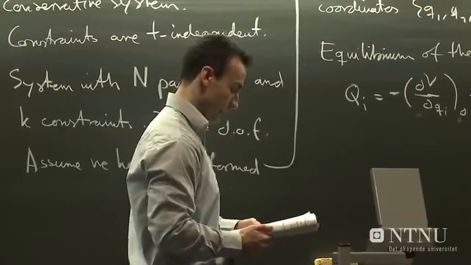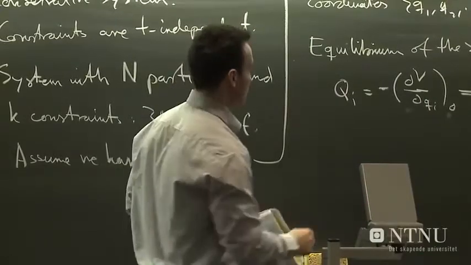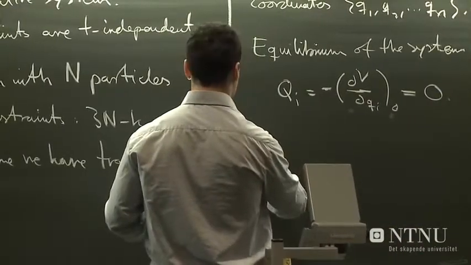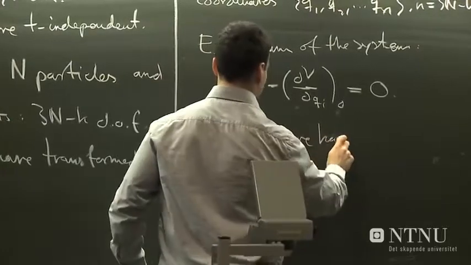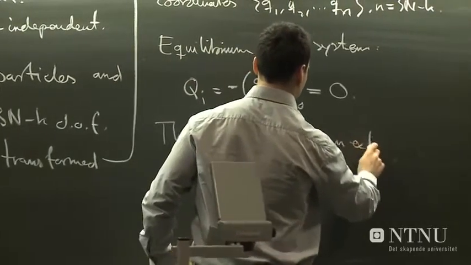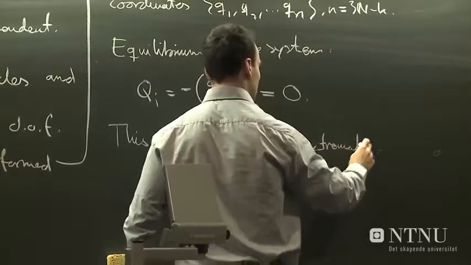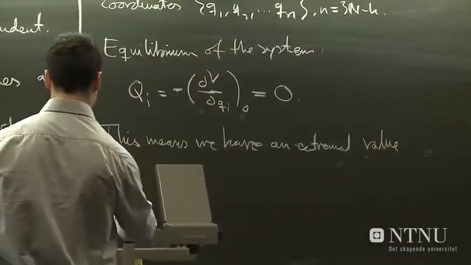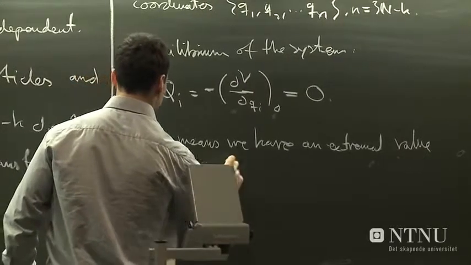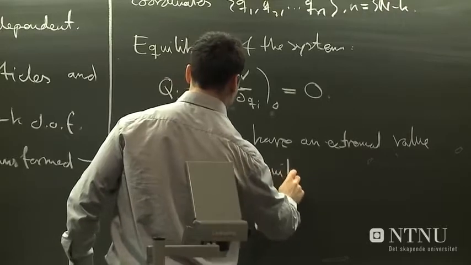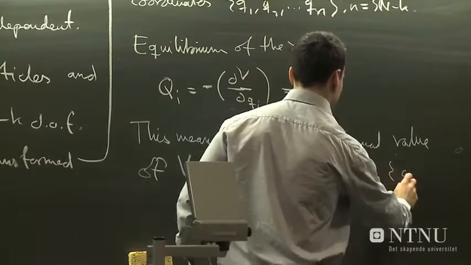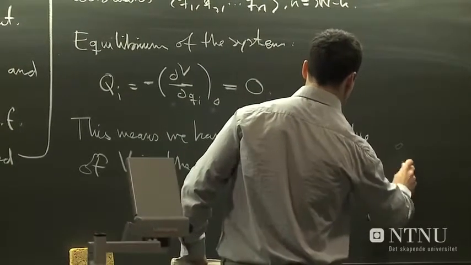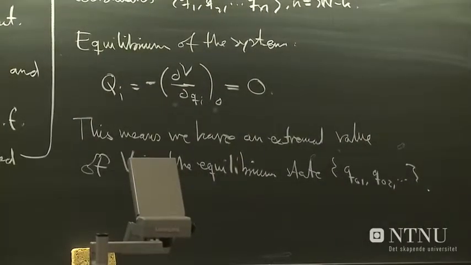Okay. So basically, this condition means that we have an extremal value of the potential energy in the equilibrium state.